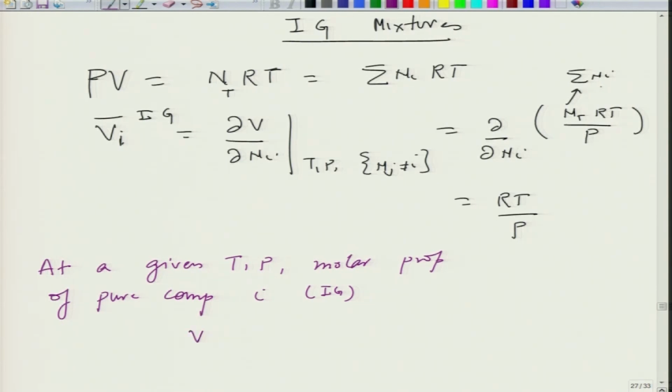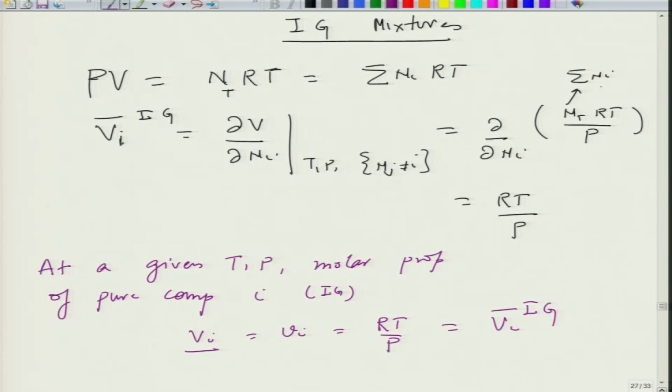It is V_i. Since it is pure, I can write a small v_i, and this is nothing but RT by P as far as the ideal gas is concerned. That is the same as V_i bar ideal gas. So, for the pure component i, the molar volume is nothing but RT by P, and that is the same as the partial molar volume of that component in the ideal gas.